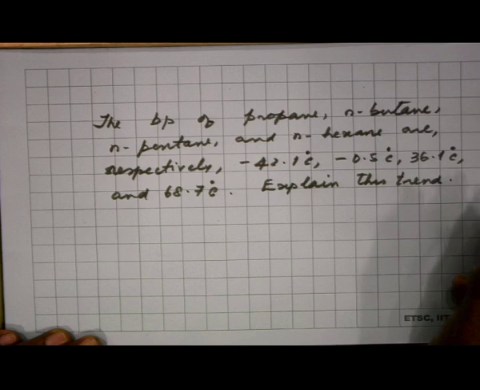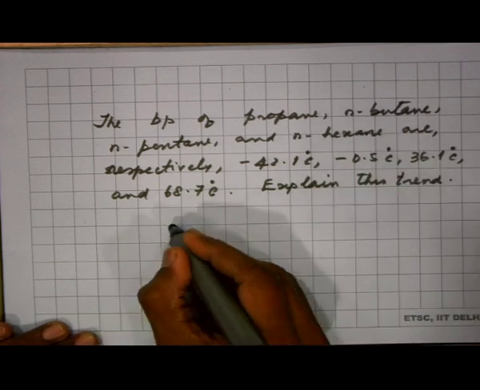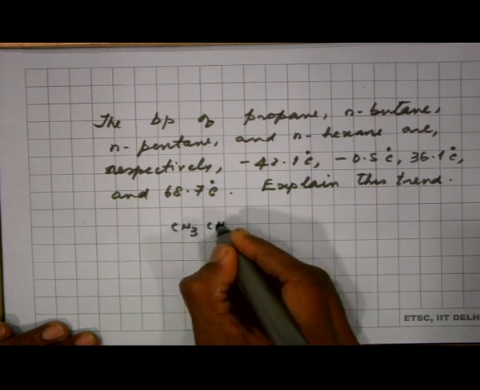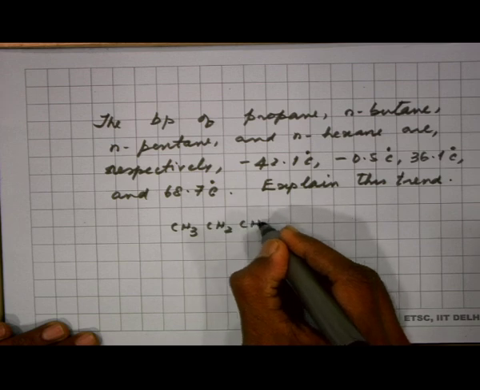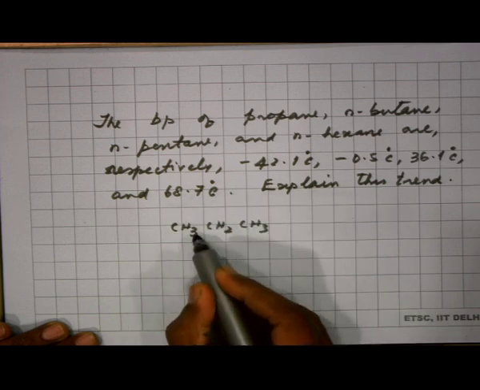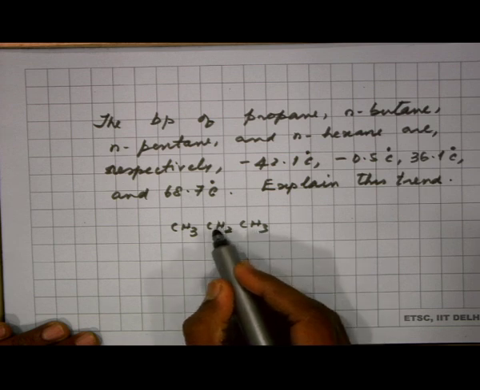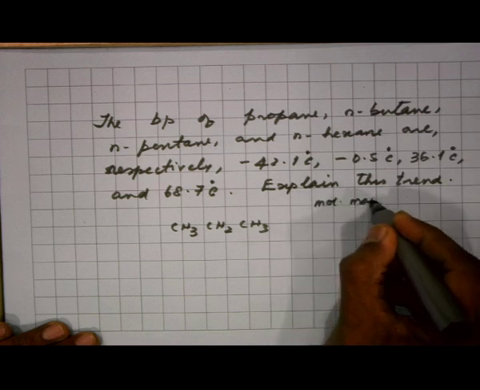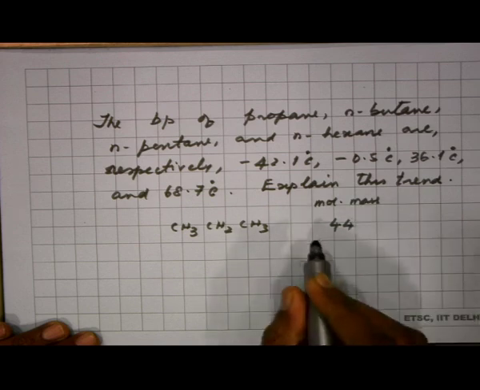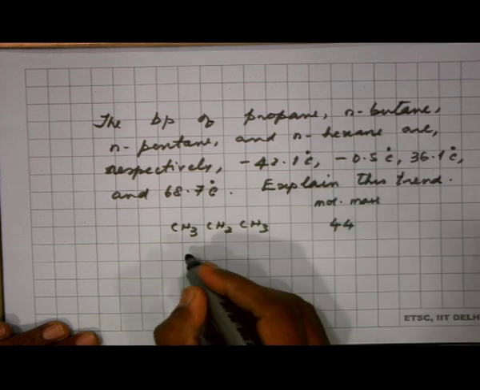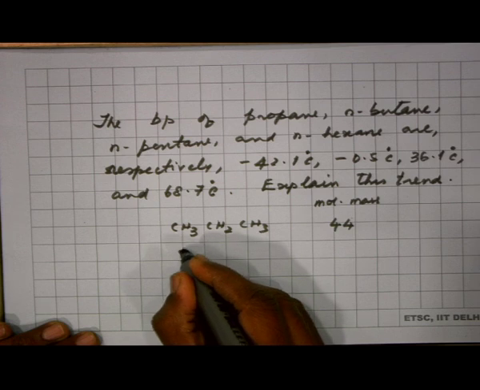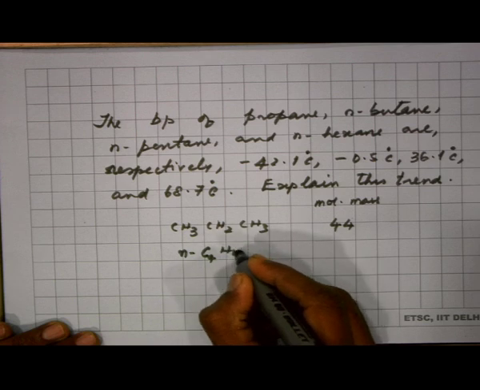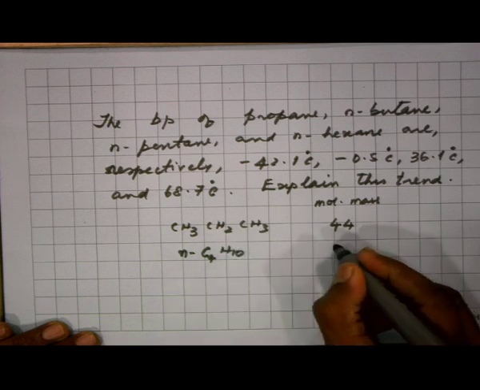So, if you write it down, propane is CH3, CH2, CH3. So, that is 15 and 15, 30, and a molar mass of 44. N-butane is normal C4H10, that will be 48 and 58.